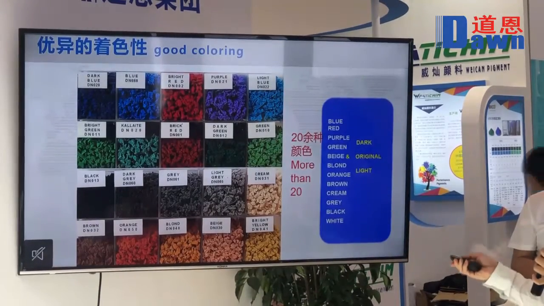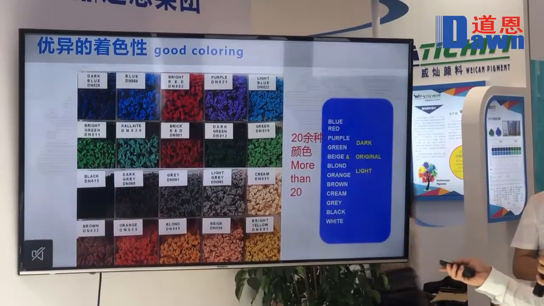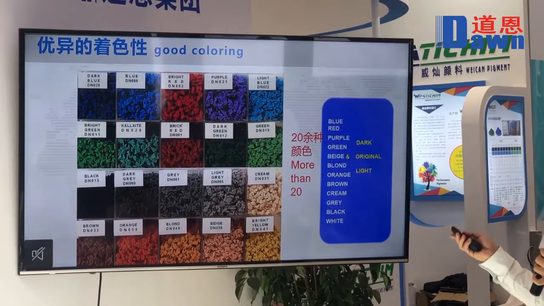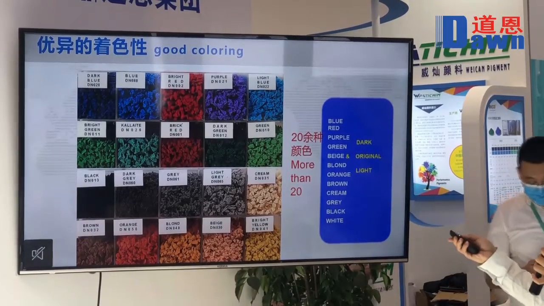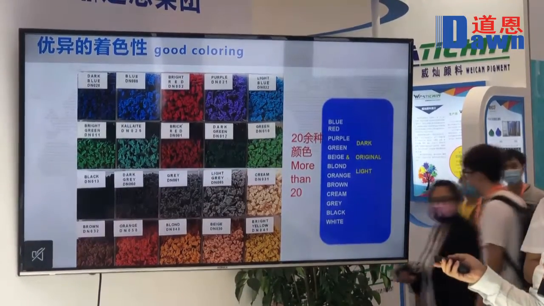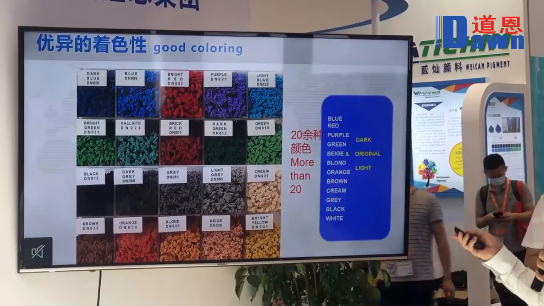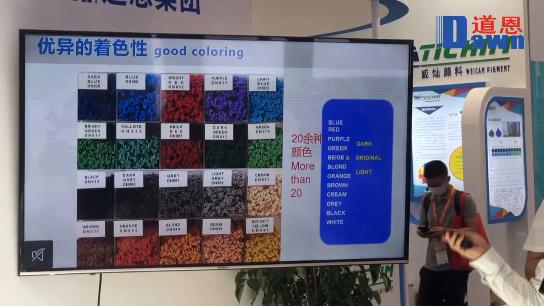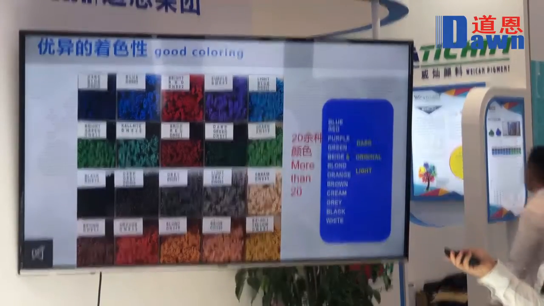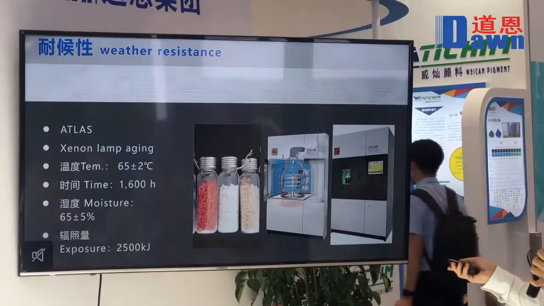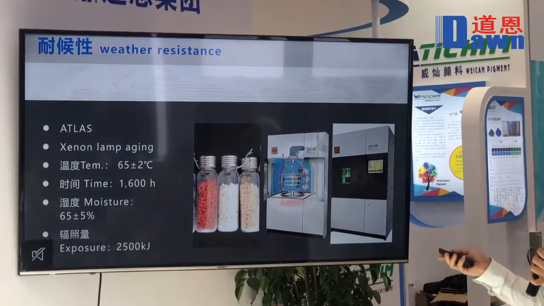Compared to the recycled material, we have more colors. It can be chewed freely. And then for the weather aging resistance, the TPO or TPV can be used. It's very good in sport flooring.